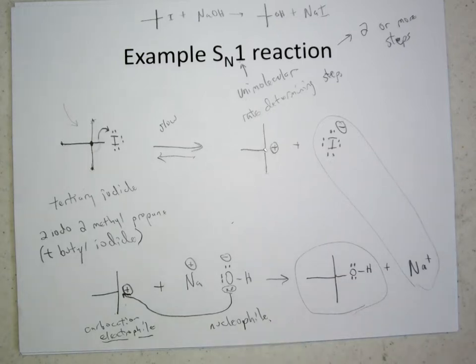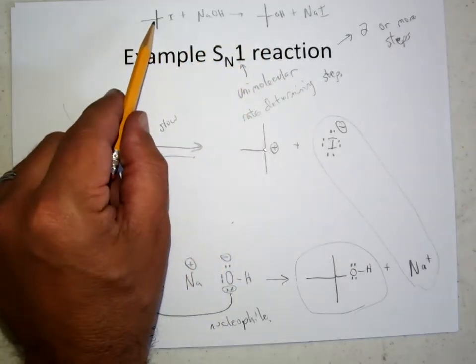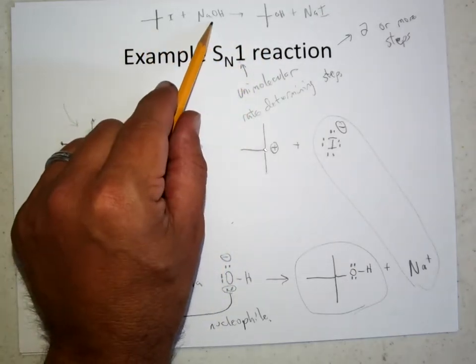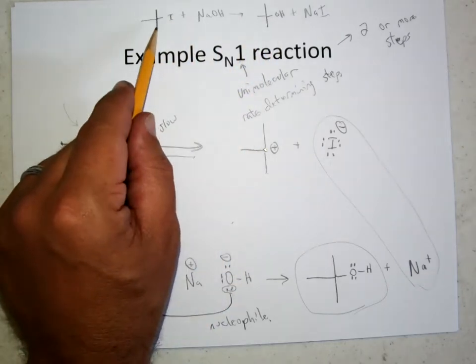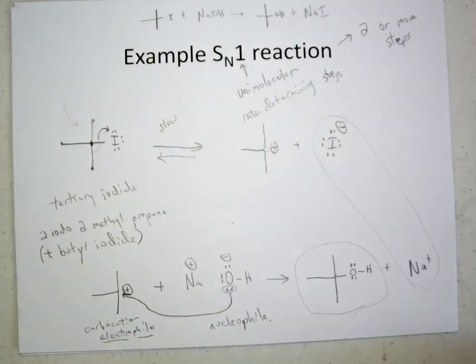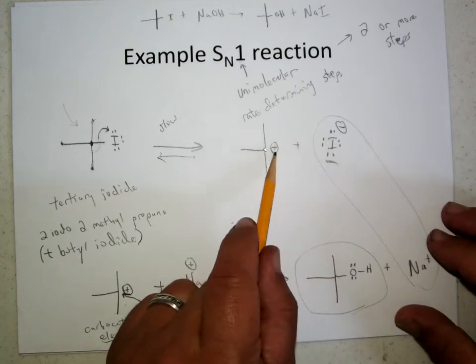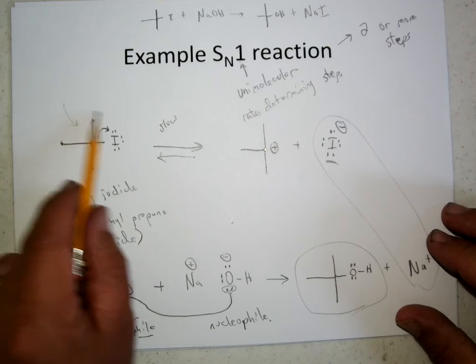And the thing that took me a while to get used to with these reactions, like the SN1 reaction, is if you want to make tert-butyl alcohol, you can react tert-butyl iodide plus sodium hydroxide. But if you wanted to make the iodide, you'd take tert-butyl alcohol and put an iodide in. And I was like, how does it work that sometimes it goes forward, sometimes it goes backwards? Well, it often comes down to the amount of stuff that's in there. So if there's a lot of iodide, the iodide will trap the carbocation, and you'll get this.